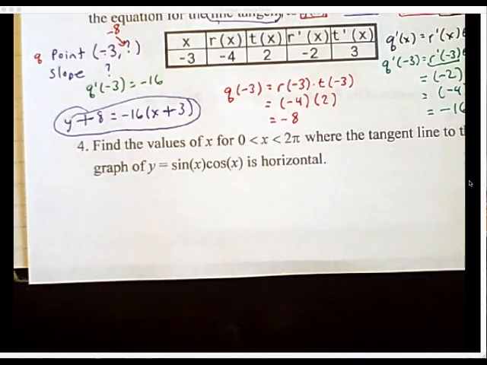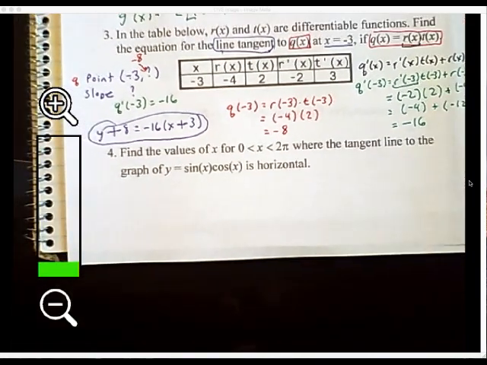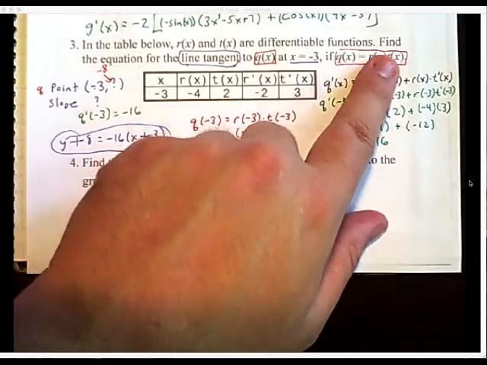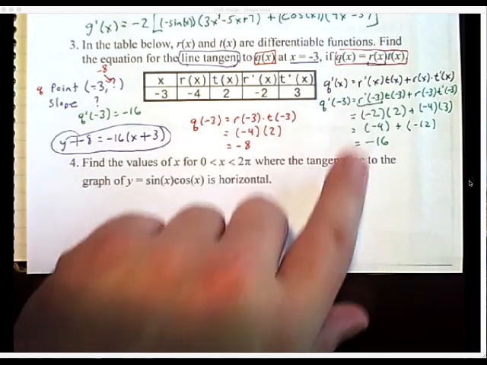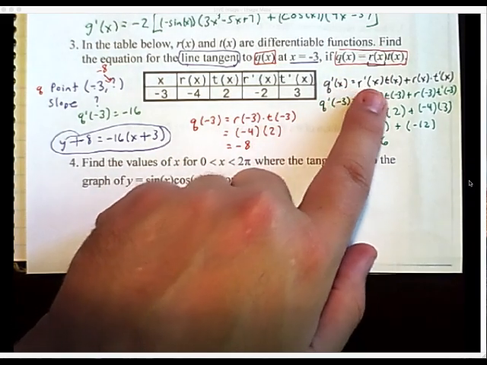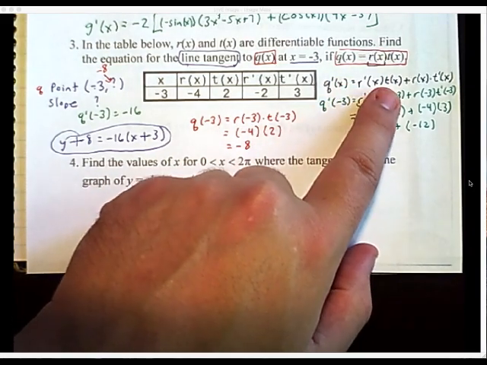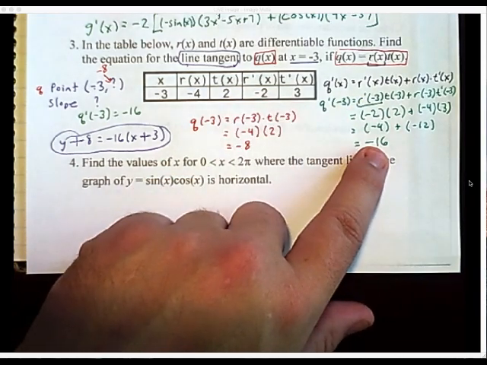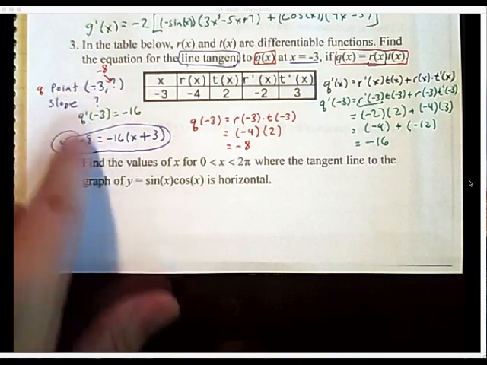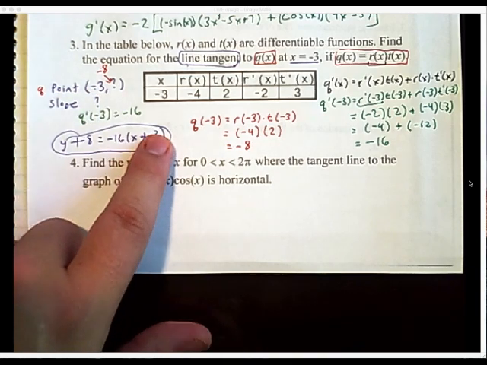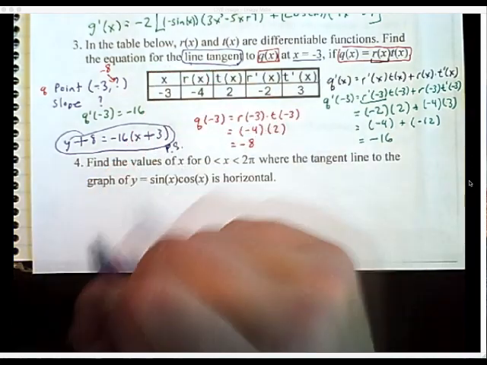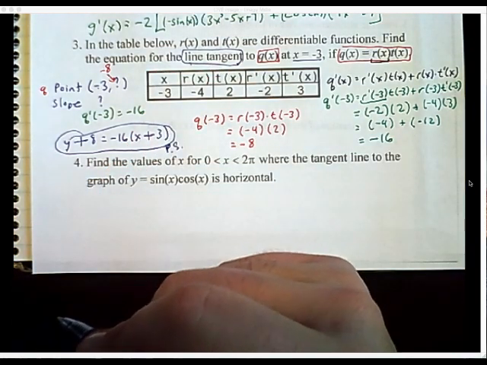So a lot of work in that problem. You had to find the y value by plugging in the x value into the function itself. You had to take a derivative using the product rule, then plug in the right numbers from the table. That gets you the slope. And then you had to know how to find the equation of a line. Again, this is called point slope form. And you could move stuff around. You could turn it into slope intercept form.